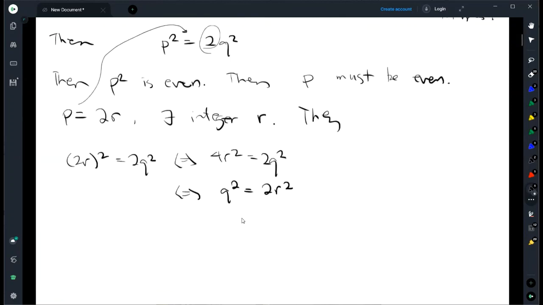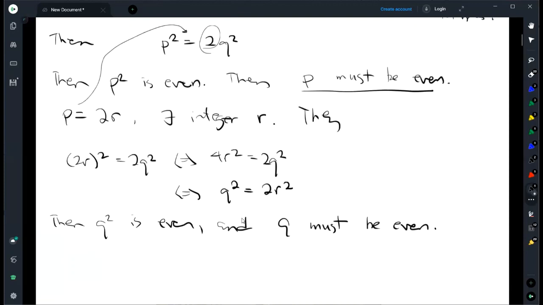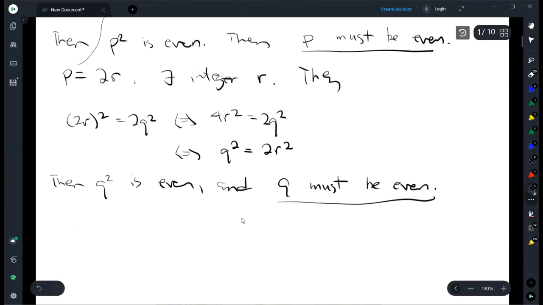By the same argument, Q squared is, notice it's actually a multiple of 2. Then Q squared is even, and therefore the integer Q must also be even. Now, earlier we concluded that P is even.